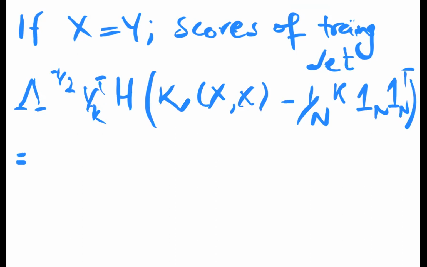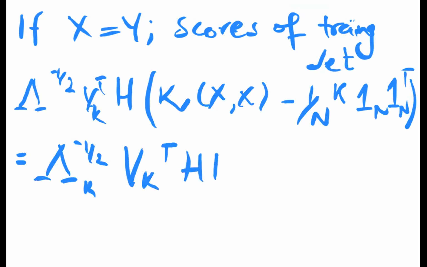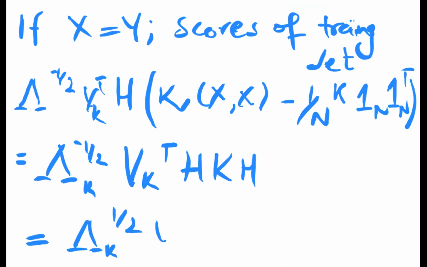And then, this is again something you can easily simplify. I hope you guys can do it, right? So vk transpose hkh, right? And if you simplify this further, it would become something like sigma k half into vk transpose.